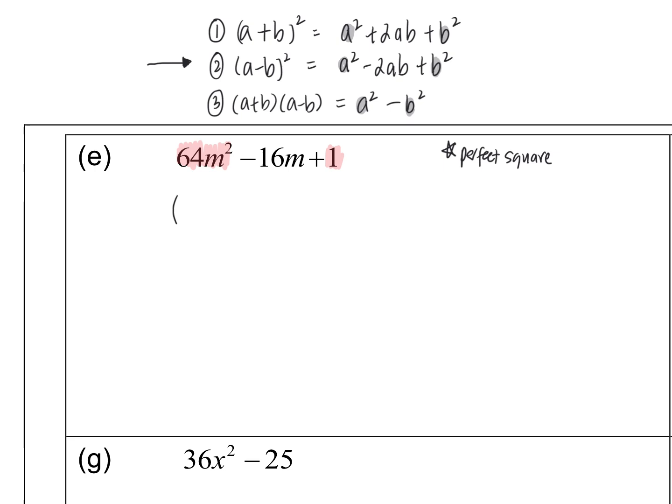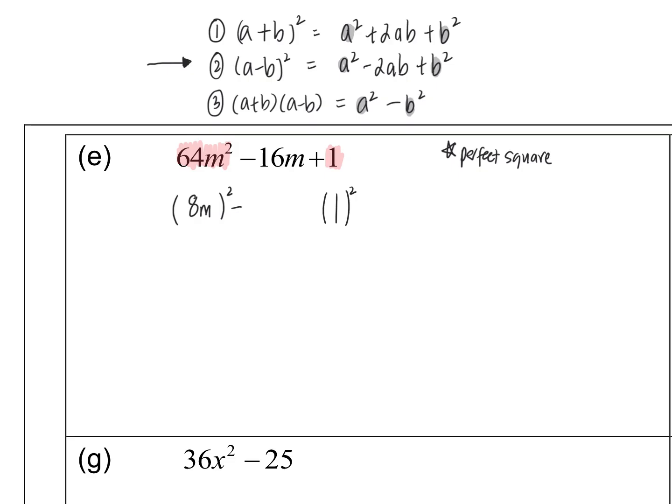So I need to break this into my a squared. So 64m squared is the same as what squared? 8m squared. It's like 8m times 8m. And then 1 is the same as 1 squared. They give you the same value.